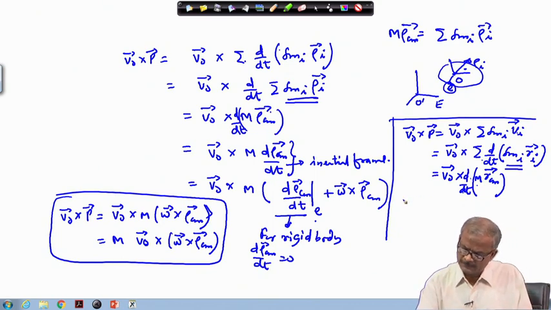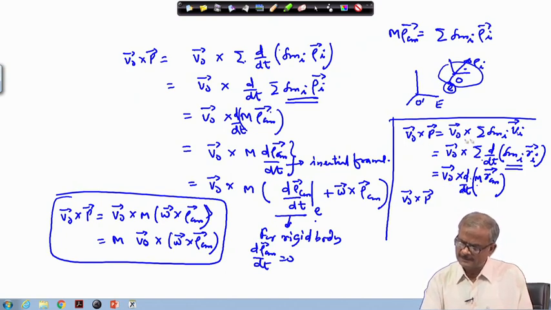Okay. So, therefore, this V 0 cross P that we expanded here is identically written like this. So, V 0 cross, and what is this quantity? This is P C m.